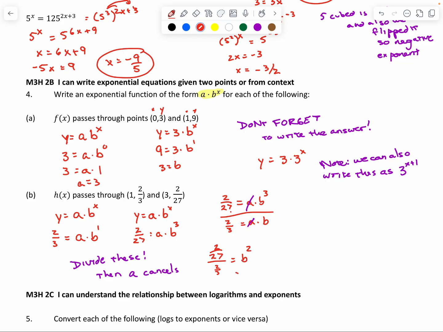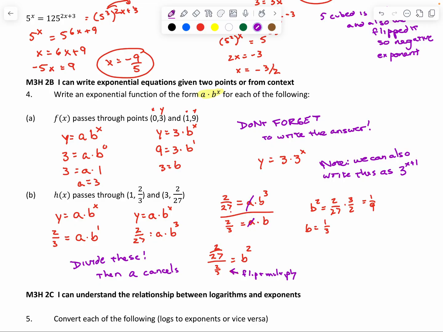How do you divide by a fraction? Flip and multiply. B squared is 1/9, so B is 1/3.